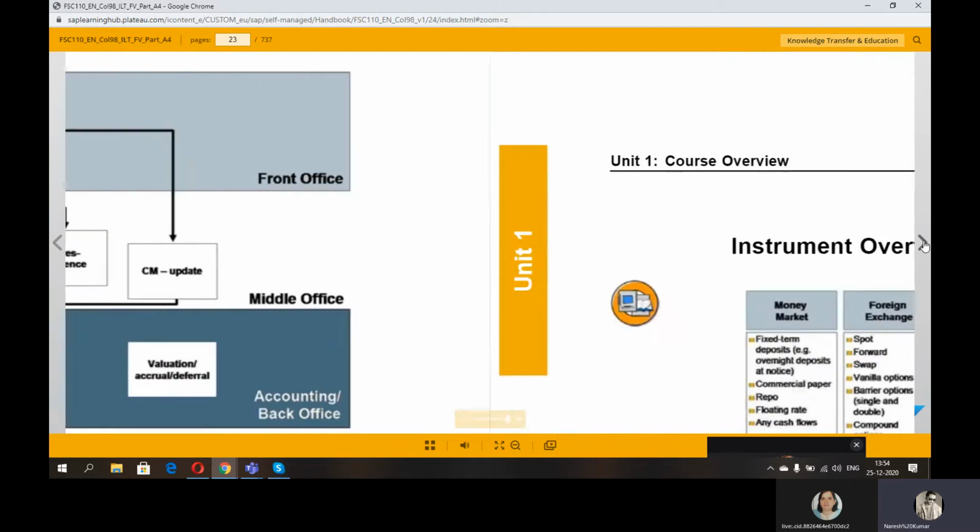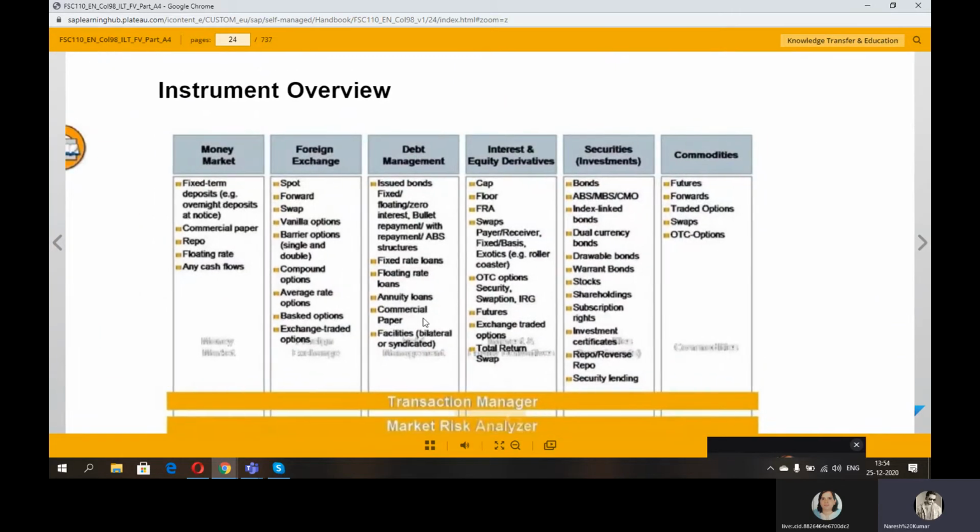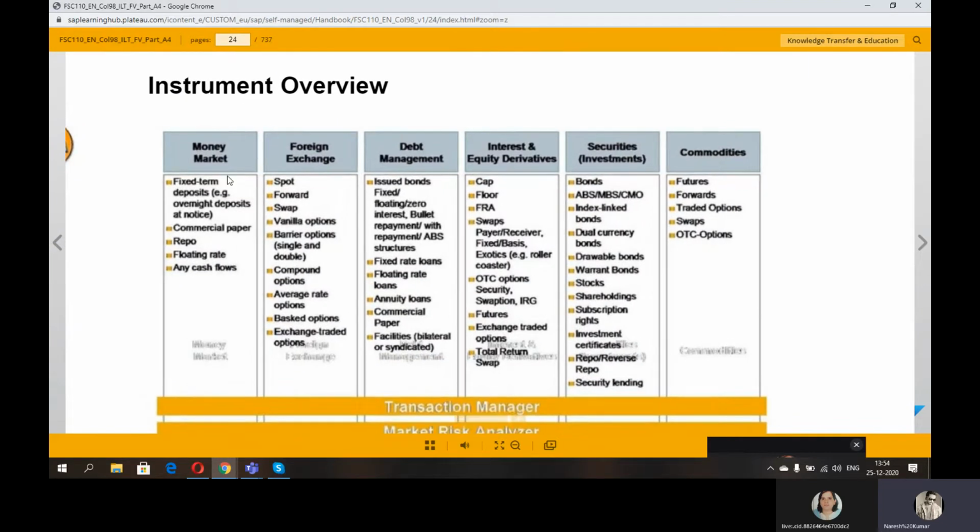Now let us understand the instrument overview. This is the concept. So let us understand what exactly the market data, foreign exchange, debt management, interest and equity derivatives, securities investment, commodities will be taken. So first, money market based on fixed term deposits.